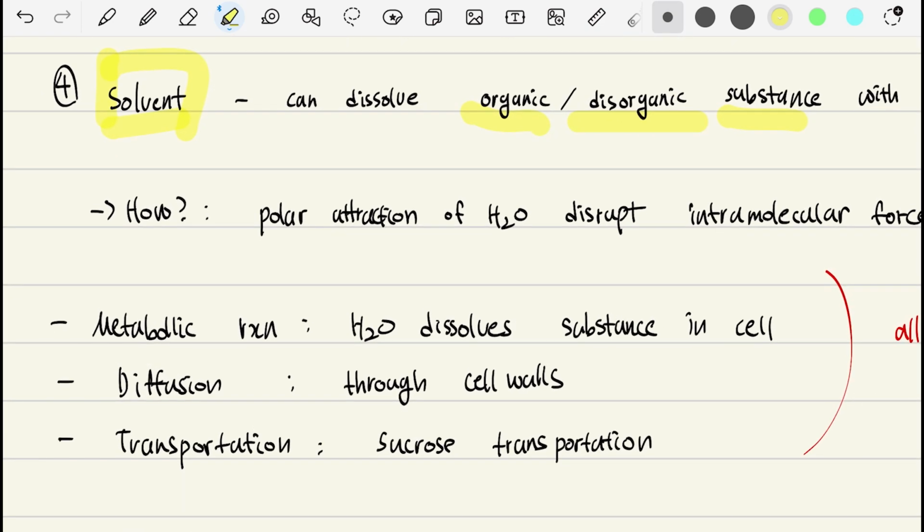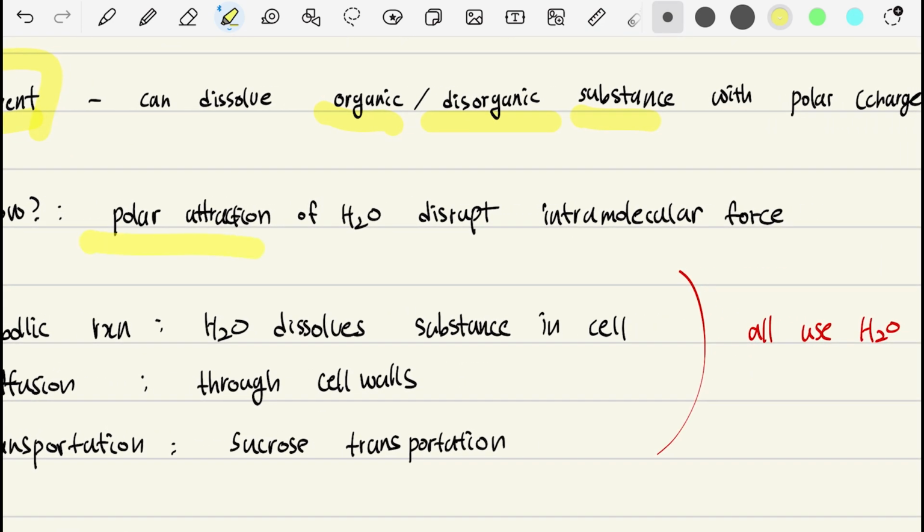And how? Well, the polar attraction of water disrupts the intermolecular forces that are inside the organic and inorganic substances, and that makes it easier to dissolve and get mixed up inside water.